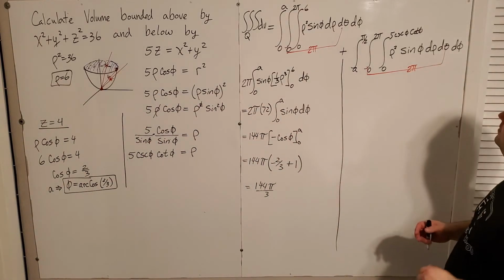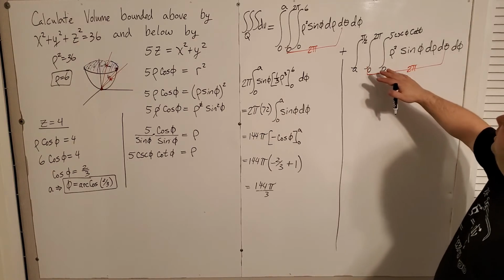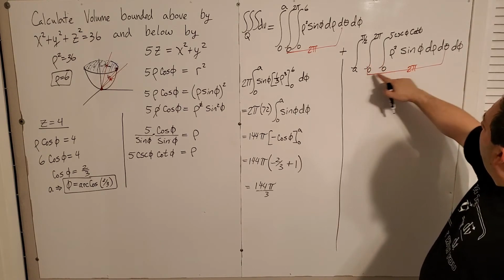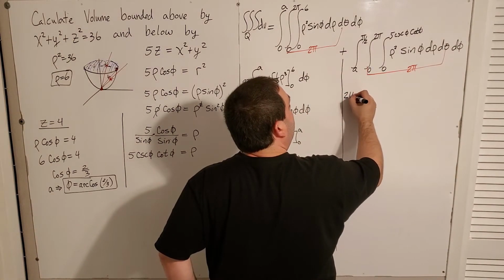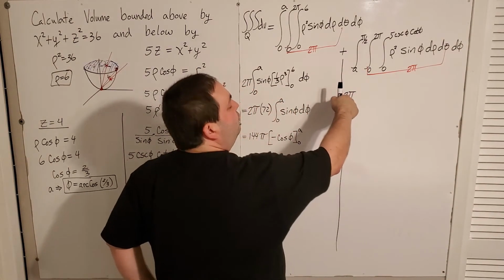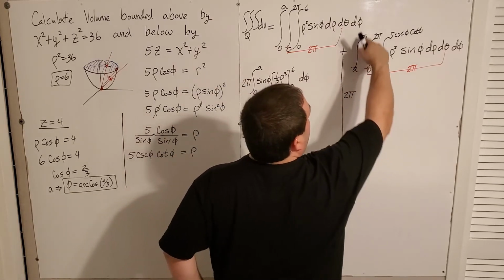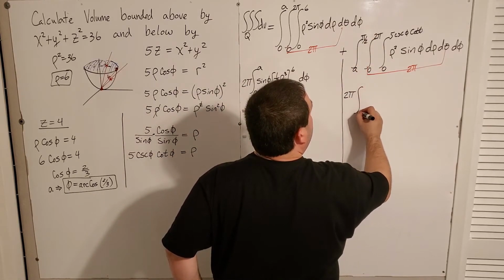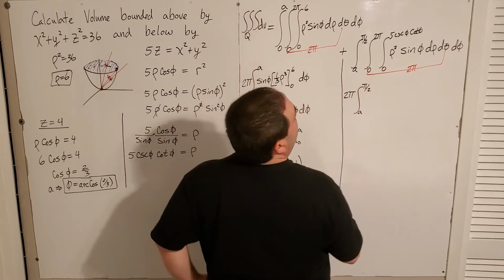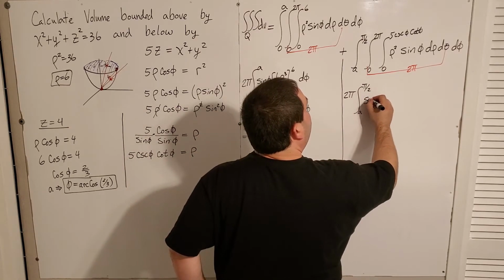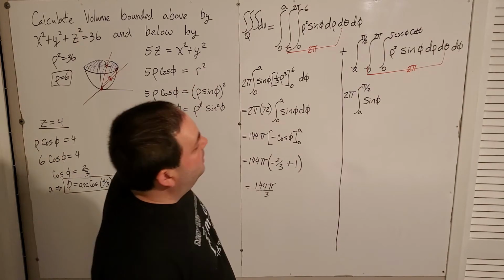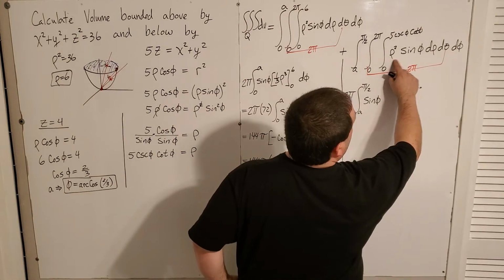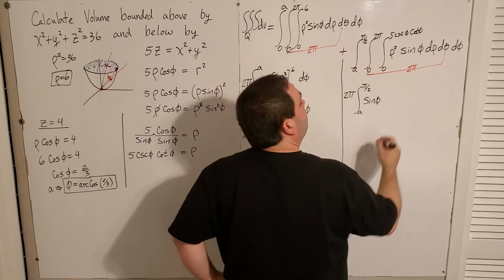Okay. Now, right here, I've already got my 2 pi, right, from the non-dependent integral there. So 2 pi. And then I've still got my integral from a to pi over 2. My sine phi is still there. And then I'm integrating the rho squared d rho, right?